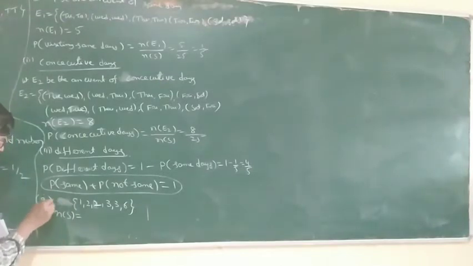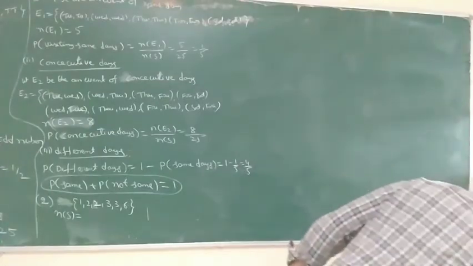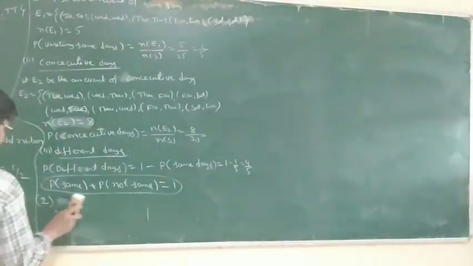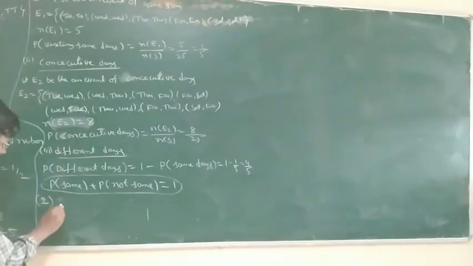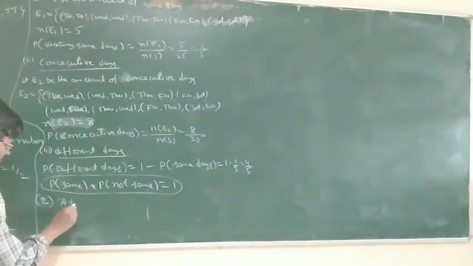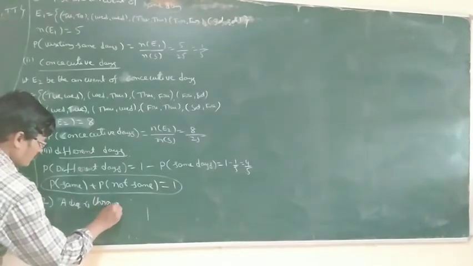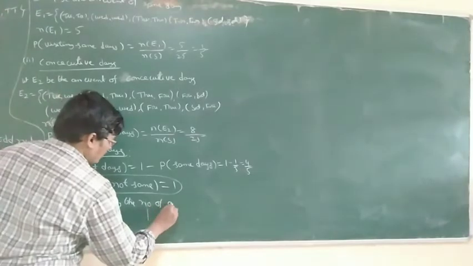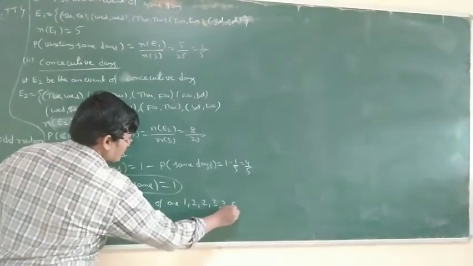A die is thrown. The numbers are 1, double 2, double 3, 6.